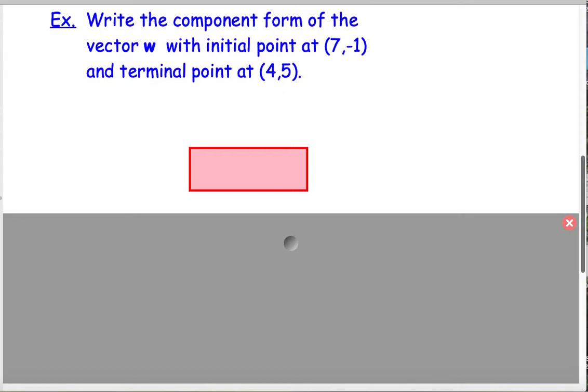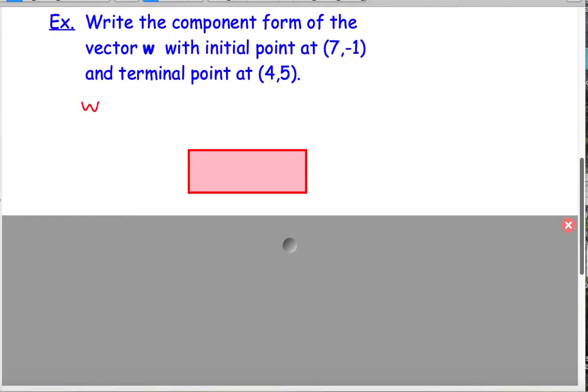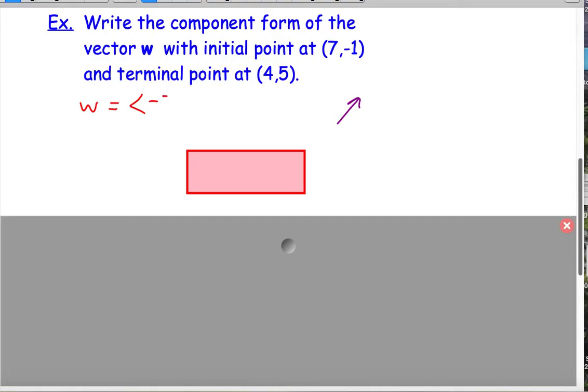All right, so I want to figure out W, and that's going to equal, so let's look at the x values first. I started at 7 and I wound up at 4 in the x direction. So I went left 3 units in the x direction. So that component is going to be a negative 3.